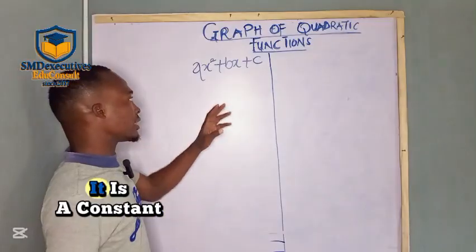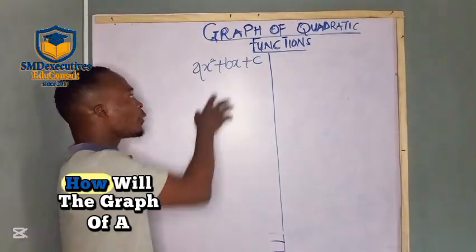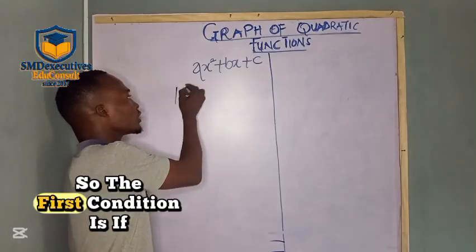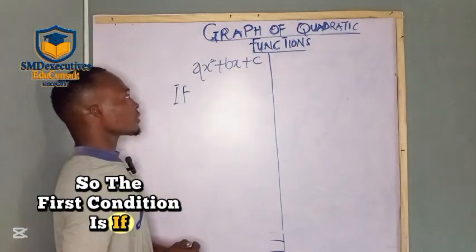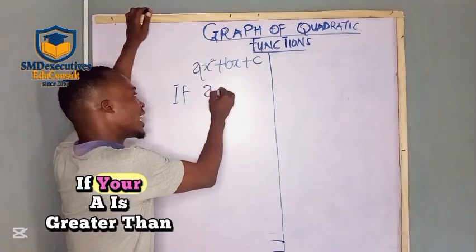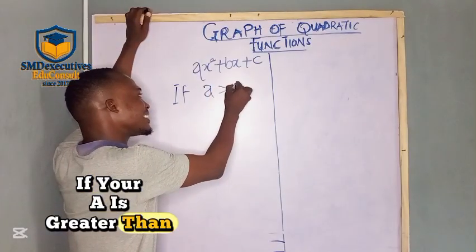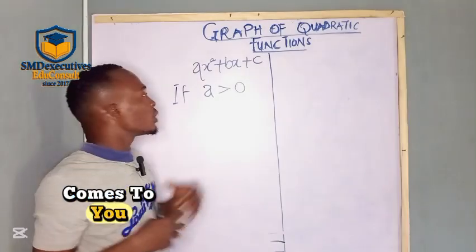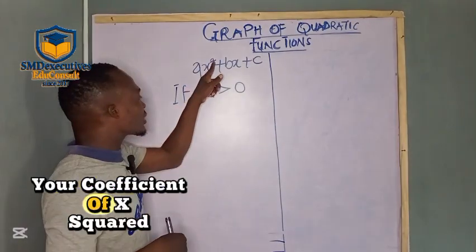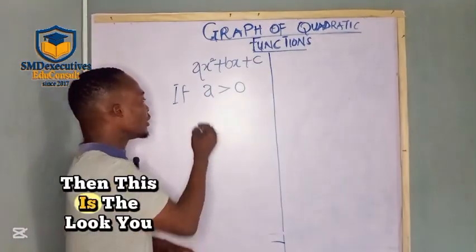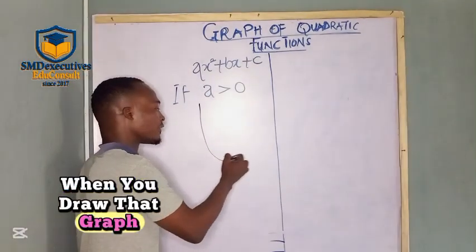Now, having known that it is a constant, how does the graph of a quadratic function look? The first condition is if your a is greater than 0. You notice that whenever the question comes to you, your coefficient of x squared, which is a, is usually greater than 0. Then this is the look you will have when you draw that graph.